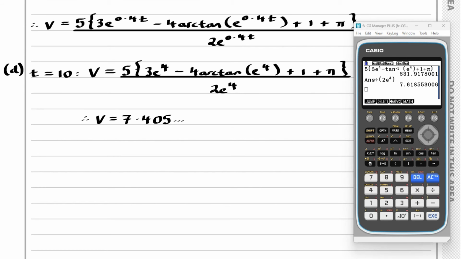So it turns out we end up with 7.45, etc.